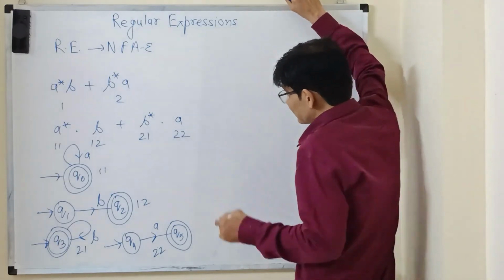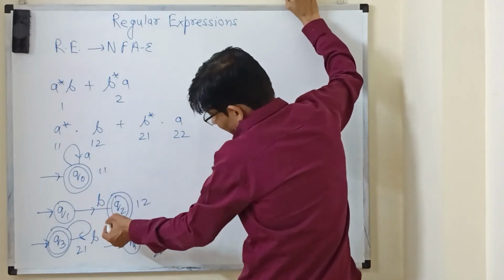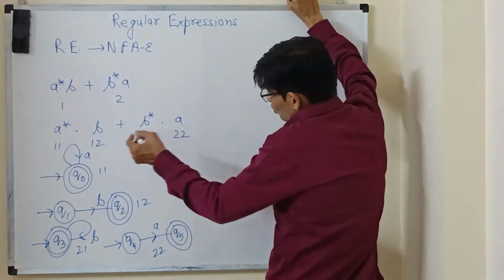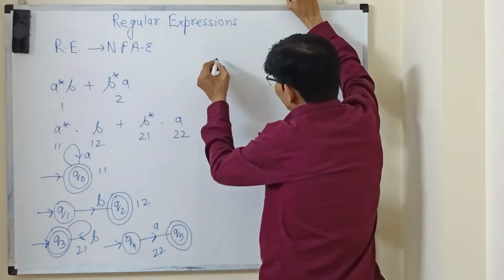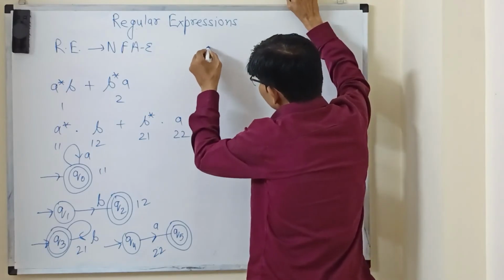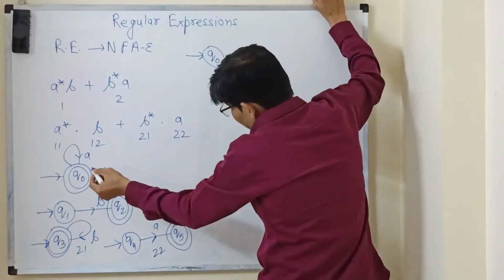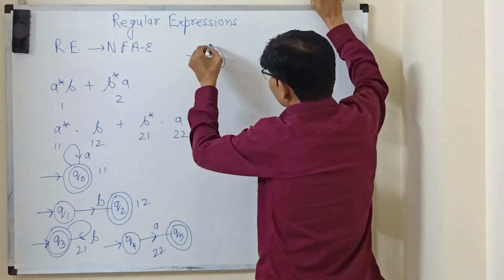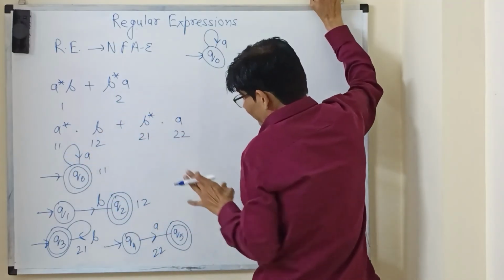So now you can see, my friend, how it is done. First two machines we have to connect in series. So the initial state of this part would be q0. Now it would not be the final state because it is not the machine for the complete regular expression.